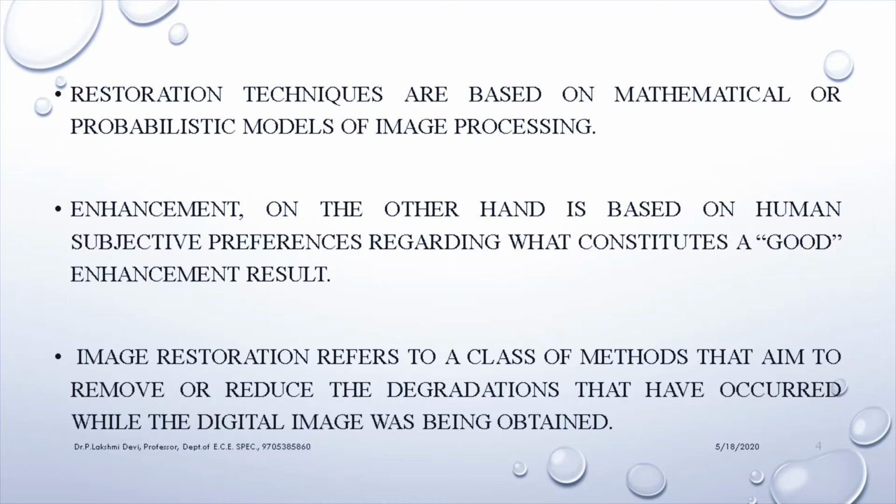Still, here some mathematical or probabilistic models of image processing are involved, so we consider image restoration an objective process. Enhancement, on the other hand, is based on human subjective preferences regarding what constitutes a good enhancement result. But image restoration refers to a class of methods that aim to remove or reduce the degradations that have occurred while the digital image was being obtained.